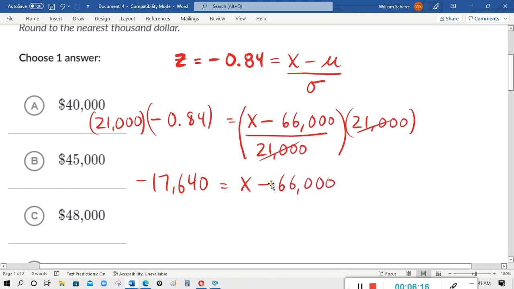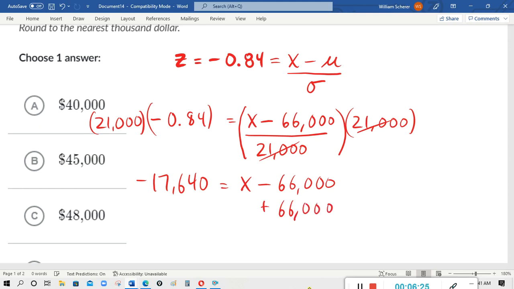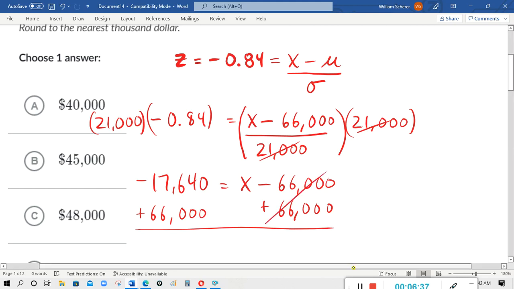Okay, now solving for x, I'm just going to add 66,000 to both sides. Okay, on the right-hand side, 66,000 plus minus, that cancels. And I'm going to do the left-hand side on the calculator.